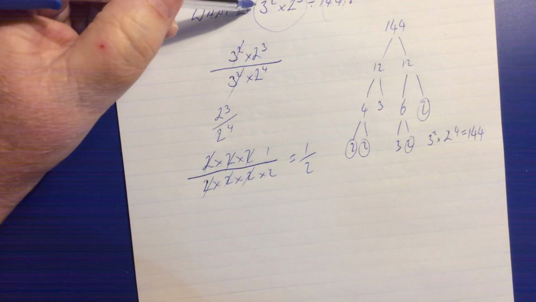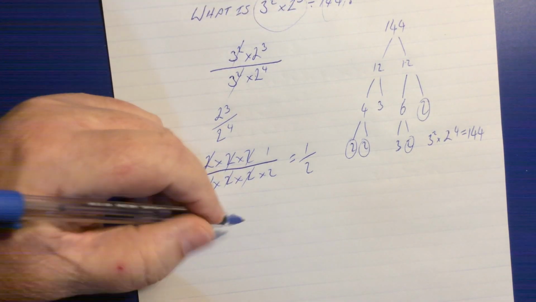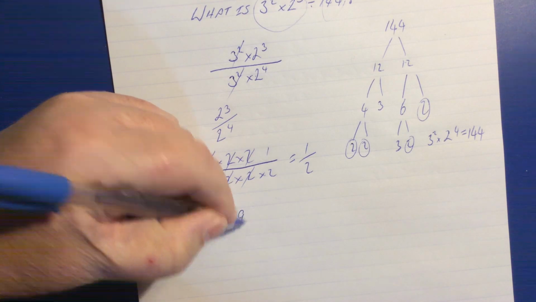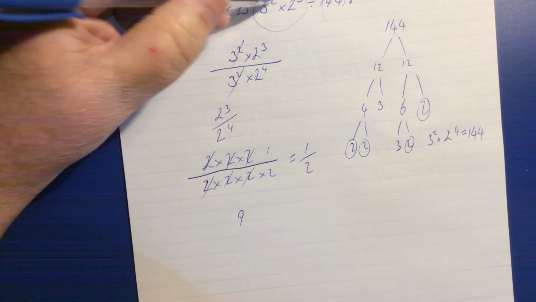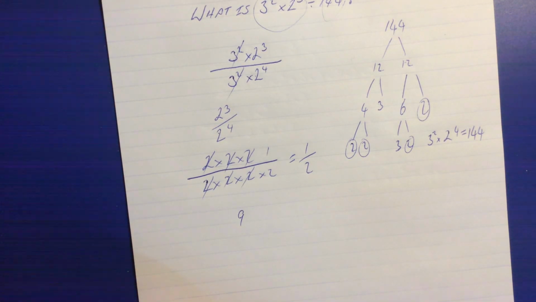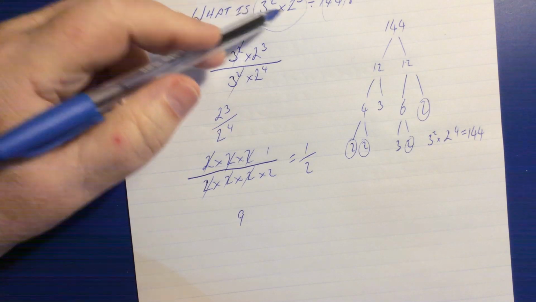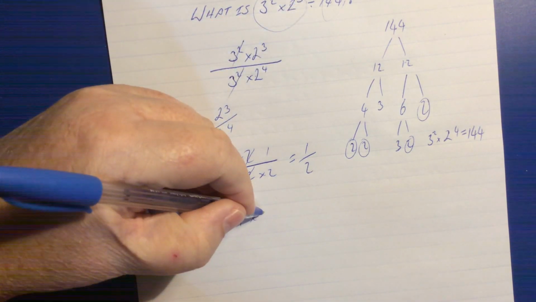Now, those of you who fancied a different approach might do the following. So 3 times 3 is 9. Oh dear. That is the sort of mistake that I used to make in primary school. 3 3s are 9. 2 to the power of 3 is 8.